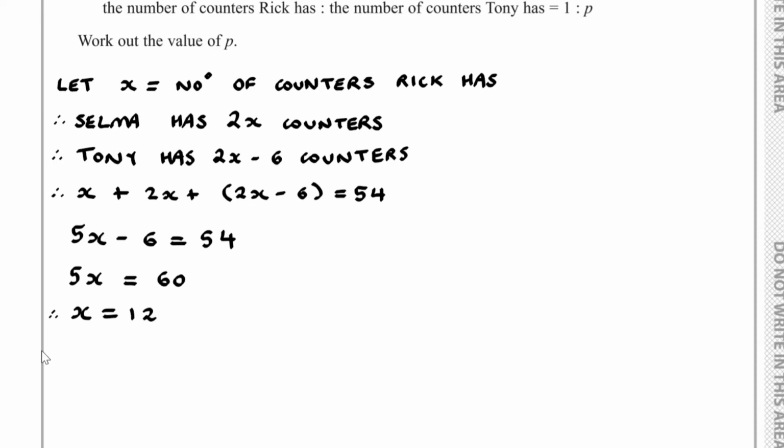So that means Rick has 12 counters, Selma would have twice this, which is 24 counters, and Tony would have 6 less than this, which is 18. And therefore, the ratio Rick to Tony, that will be 12 to 18.